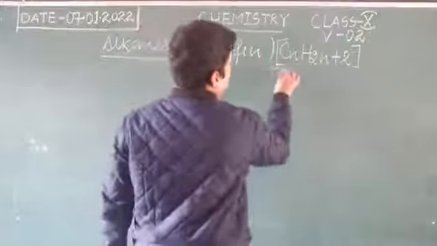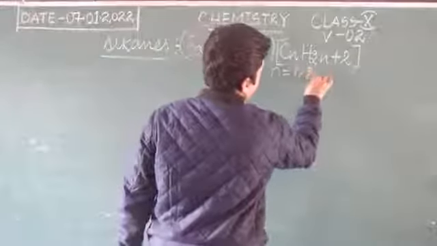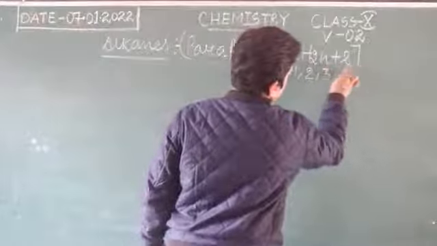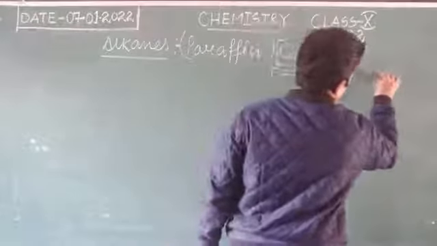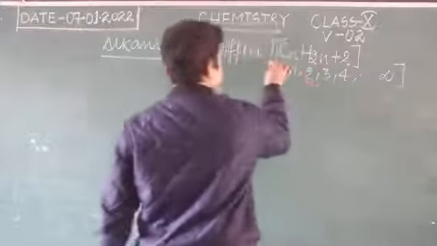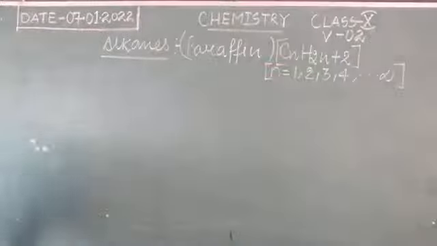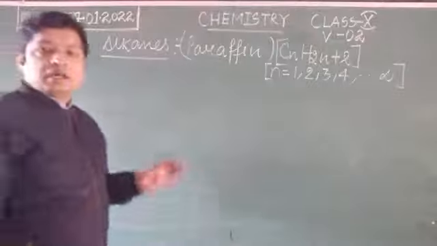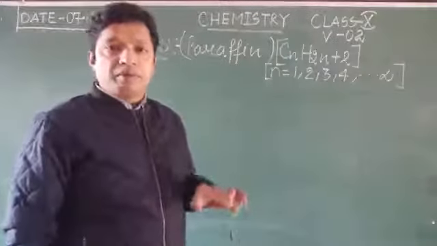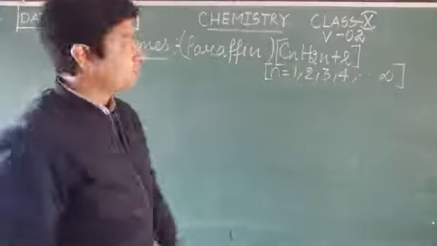What is n here? n is a natural number, and n also indicates the number of carbon atoms present in a carbon chain.